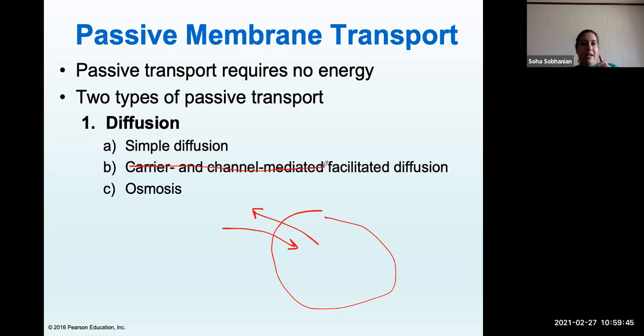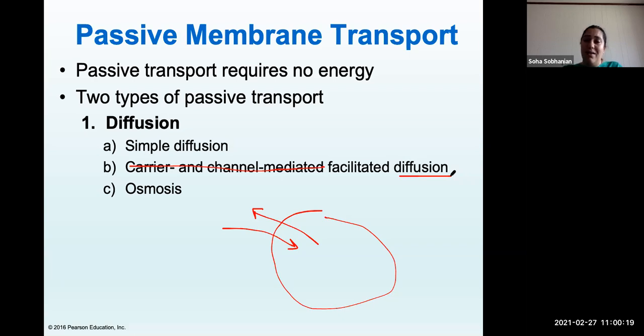What if, here's the keyword, guys. Again, common misconception. What if I still move from high to low? Okay, so the word still would be diffusion, but I need something to help the process along because I'm too big, I can't move, or I have too much charge on me and I can't move. So I need something to facilitate the process. When you have a facilitator, what are they doing? Helping along, right?